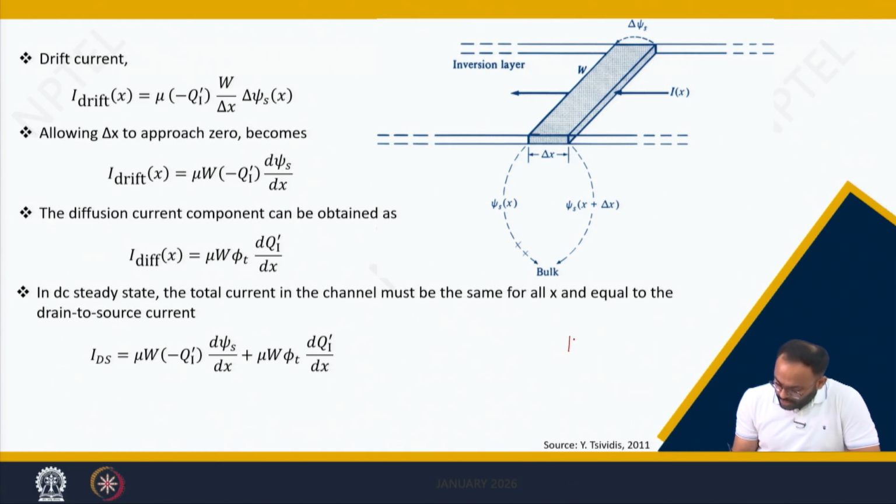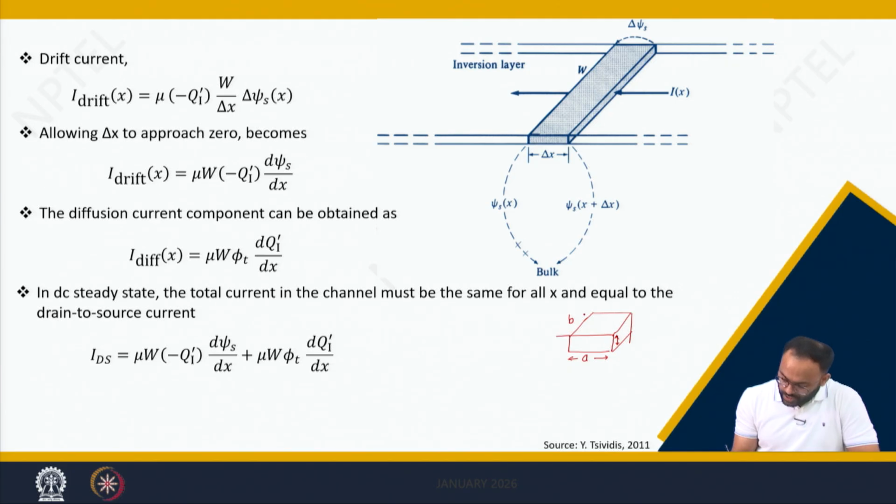If you remember, in our module number 1, we extensively analyzed drift and diffusion for a piece of semiconductor having these dimensions. B was the width, A was the length and C was the height.